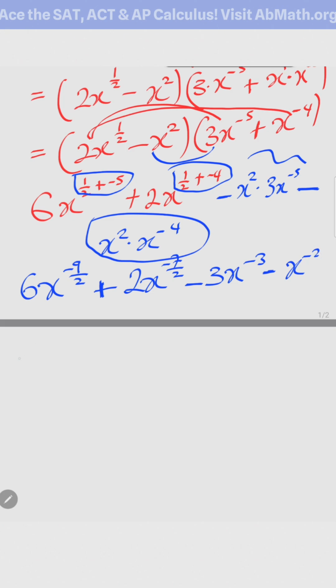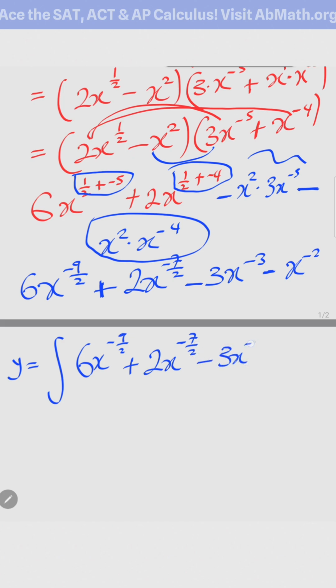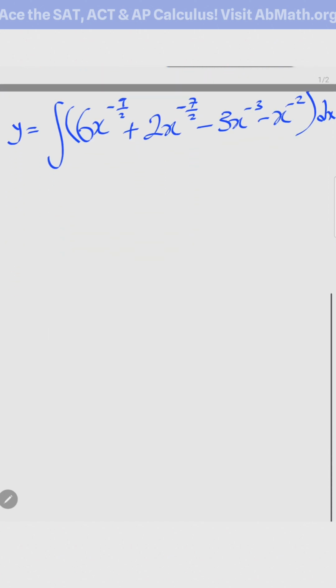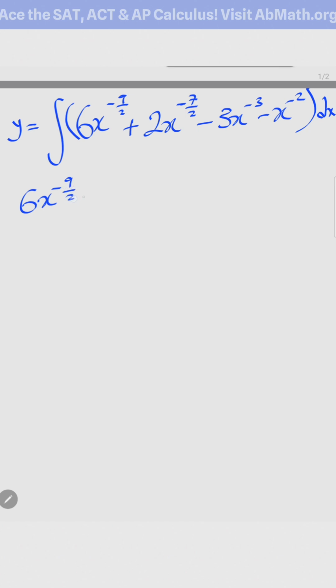Now let's find the integral of this, which is 6x^(−9/2) plus 2x^(−7/2) minus 3x^(−3) minus x^(−2), all with respect to x. So let's continue. Here we'll have x raised to negative 9 over 2 plus 1, over negative 9 over 2 plus 1.